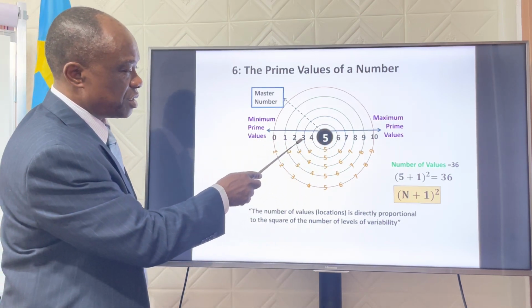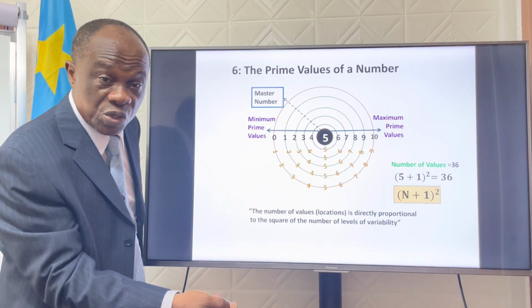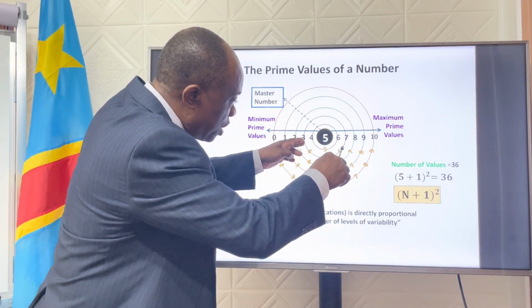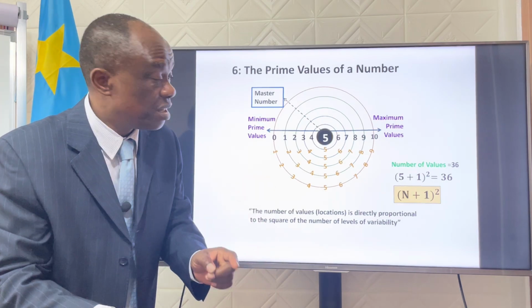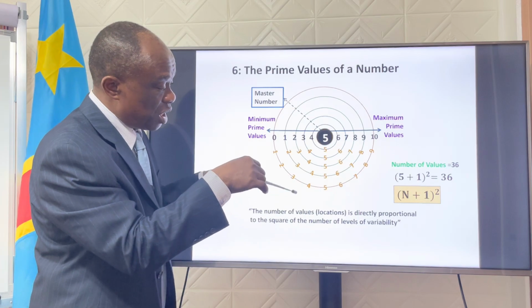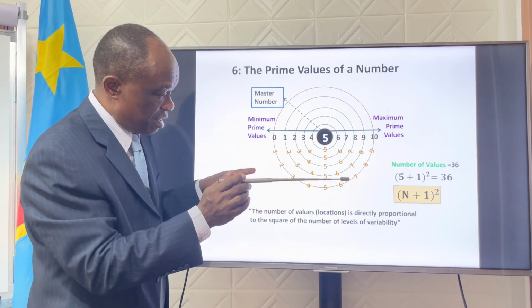Each level has a certain number of values, and you can sum up all these values. They give you a certain result that you can calculate. There is a formula.